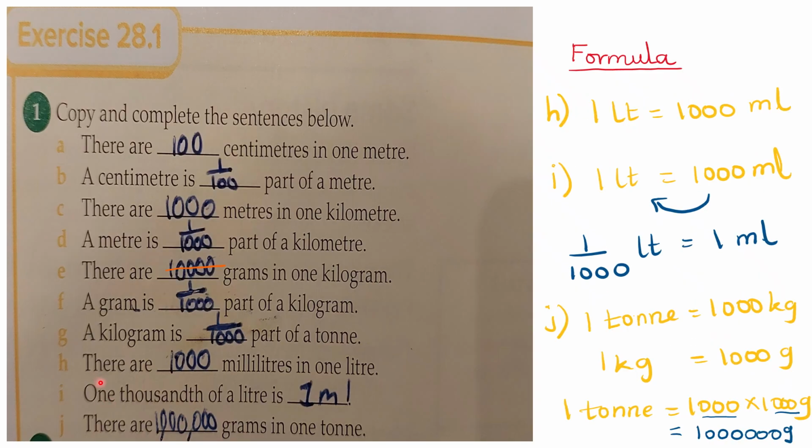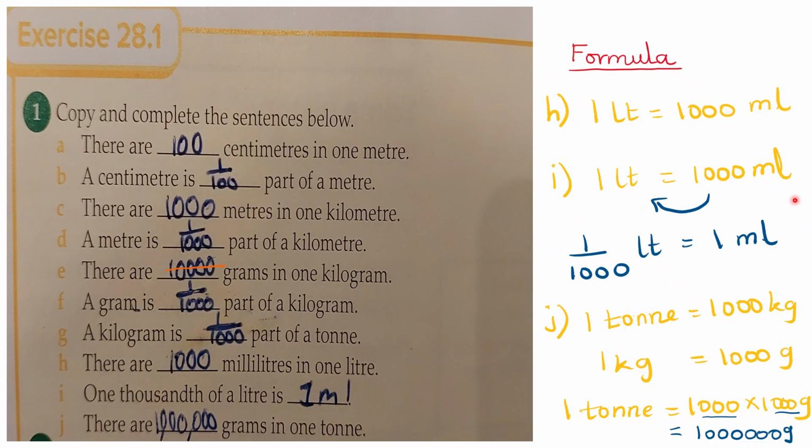Next question is, there are dash milliliters in 1 liter. So 1 liter equals how many milliliters? That is 1000 milliliters. So there are 1000 milliliters in 1 liter. Now I question, 1000th of a liter is dash. Now 1 liter equals how many milliliters?